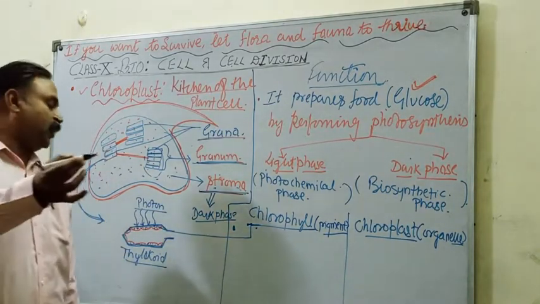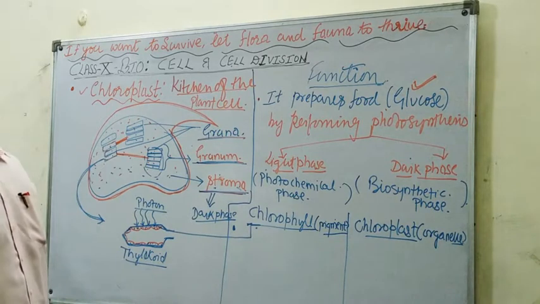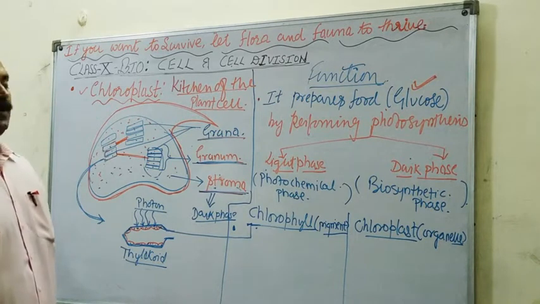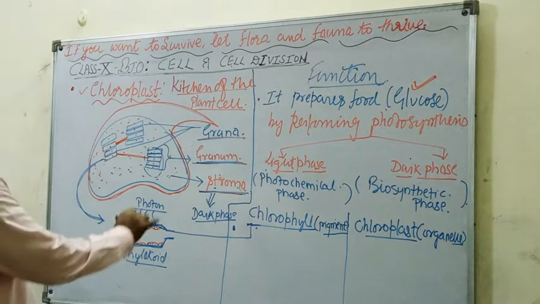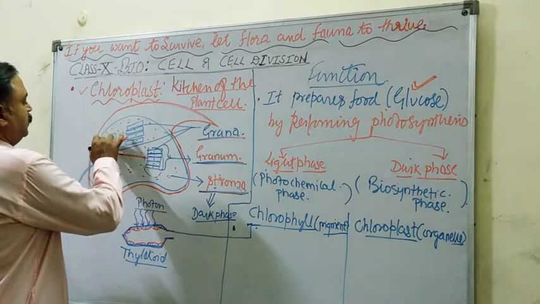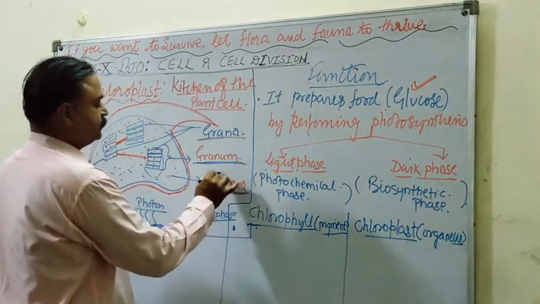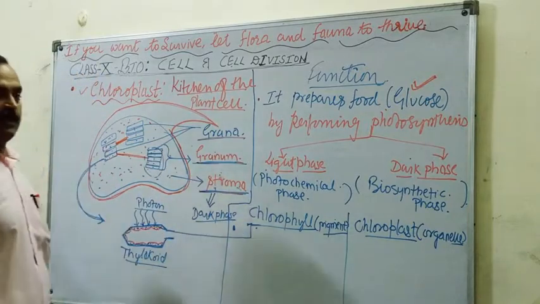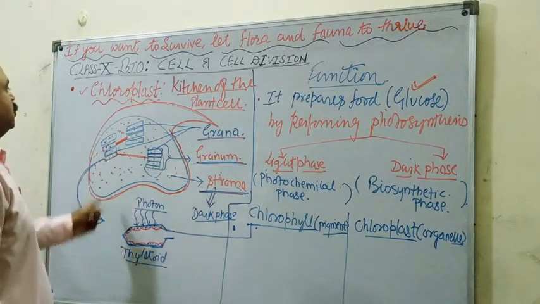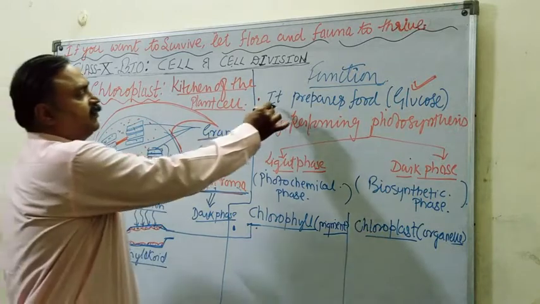Photon is the unit of light. What is a photon? Photon is the unit of light. And the background substance is called stroma, isn't it? So this is all about the structure of the chloroplast, and this is the function.